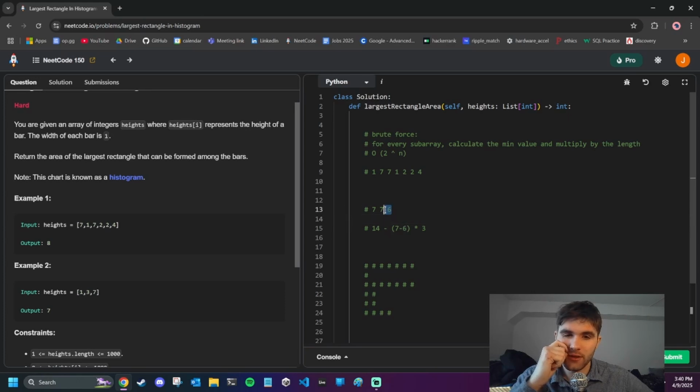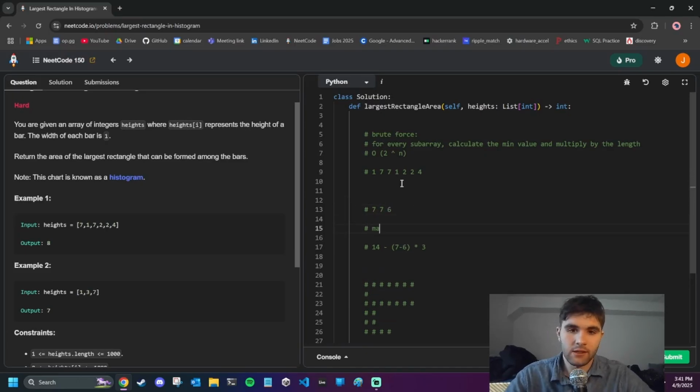Well, it would just update the minimum. So I'm thinking whenever we encounter a smaller number, we update that minimum. So okay, when we just have 7, we say max found so far is 7. So basically the formula is the minimum of the subarray times the length of the subarray.